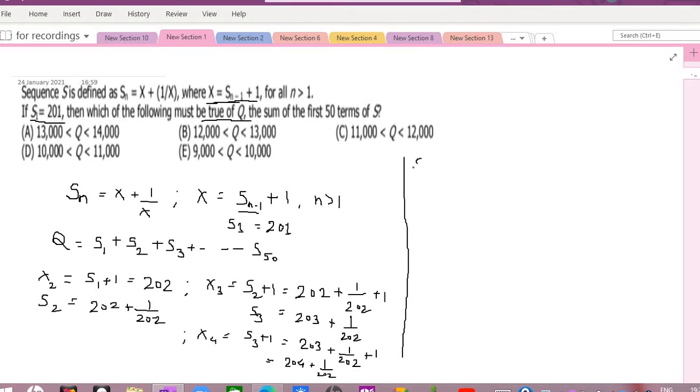Now what is S4 here? S4 is again x4 plus 1 by x4. So x4 is 204 plus 1 by 202, and 1 by x4 is 1 by this entire x4, so 204 plus 1 by 202 and so on.